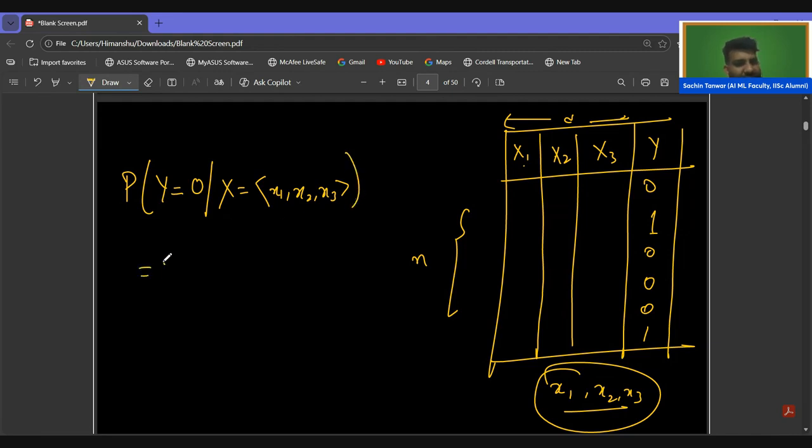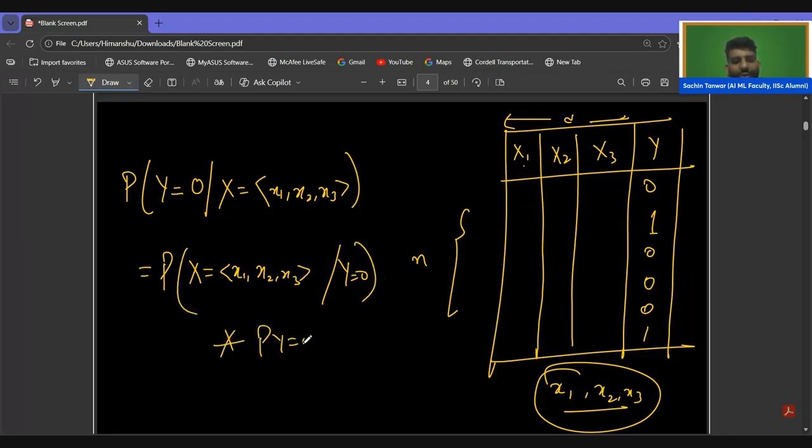This would be written as probability of X equal to x1, x2, x3, given y is equal to 0, into probability of y is equal to 0.